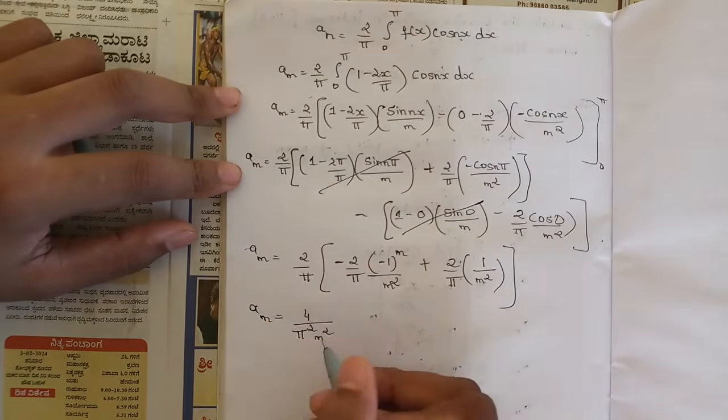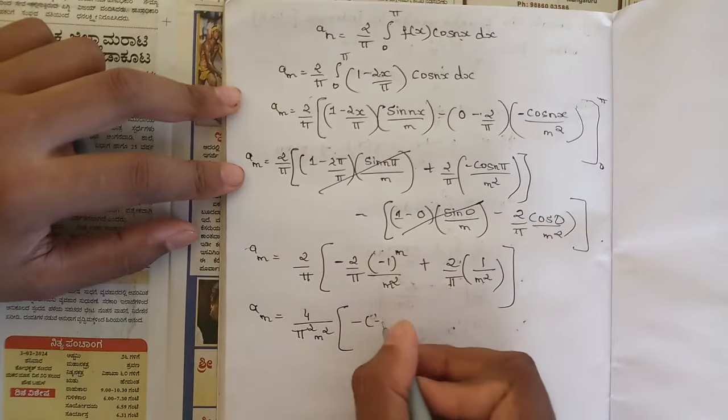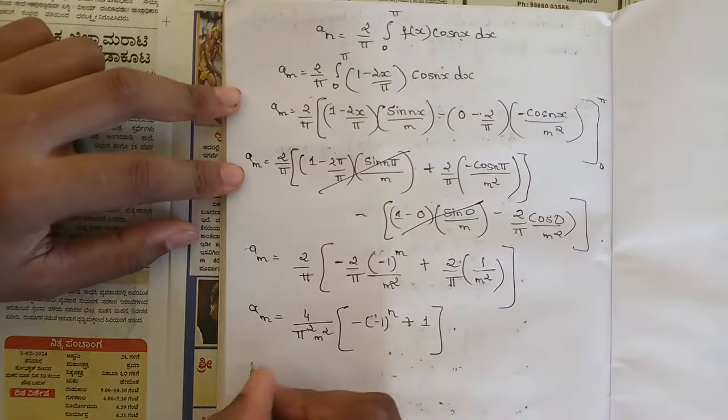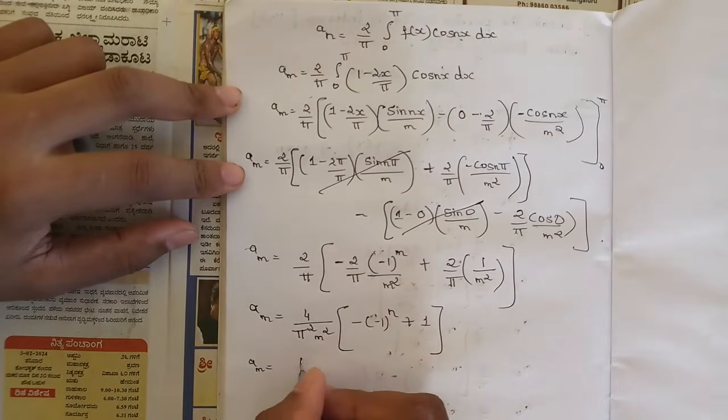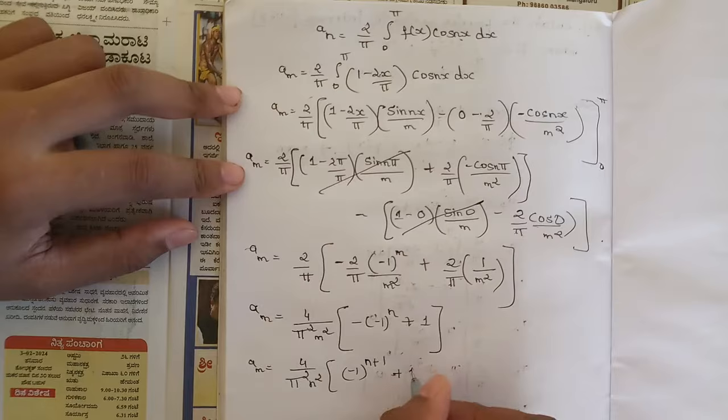So it becomes 4 by pi square n square. What are the terms remaining? Minus of minus 1 to the power n, plus 1. So an is 4 by pi square n square, into minus 1 to the power n plus 1, plus 1.